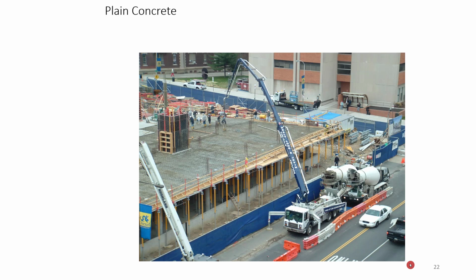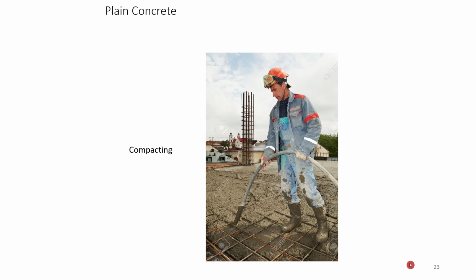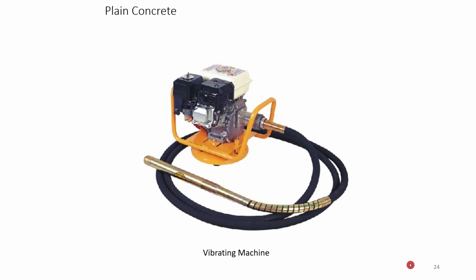For huge constructions, compaction is required so that the concrete is well set and there are no voids inside. The vibrating machine is used for compacting the concrete so that there is no honeycomb or voids inside the concrete structure.